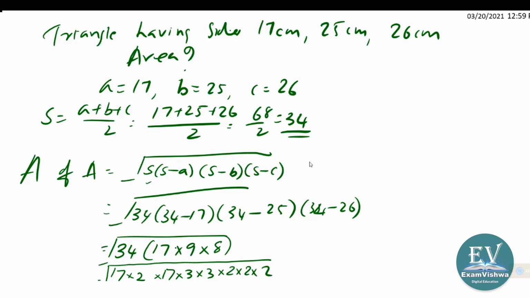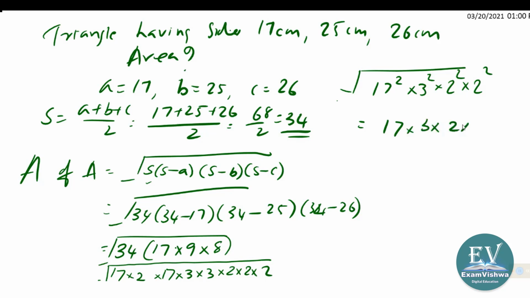So two 17s are there, two sets of 2s are there, one set of 3s are there. So you will bring it out in such a way that it is just like root of 17 square into 3 square into 2 square into 2 square, which is equal to 17 into 3 into 2 into 2.